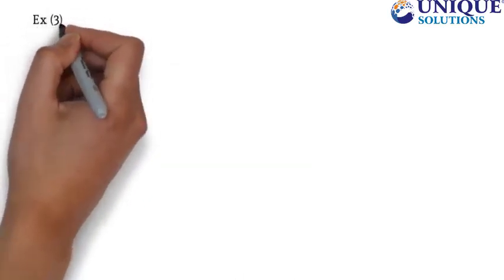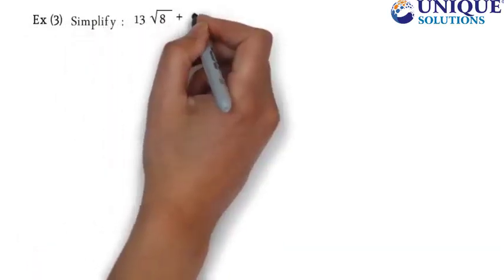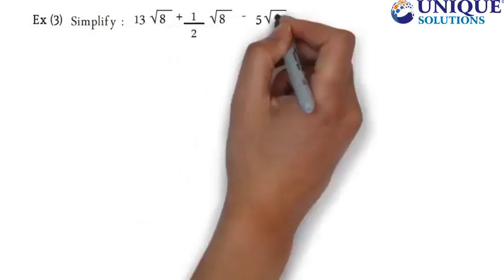Example 3. Simplify 13 square root of 8 plus 1 upon 2 square root of 8 minus 5 square root of 8.